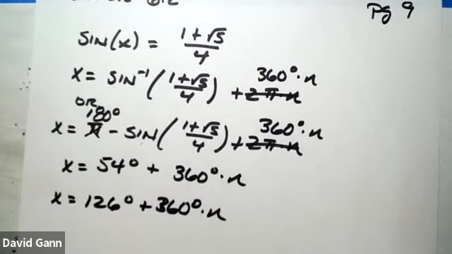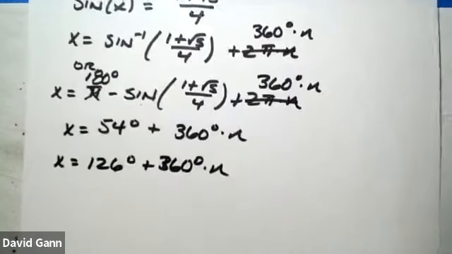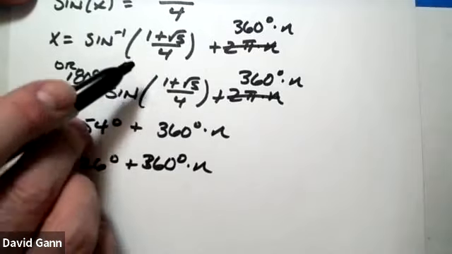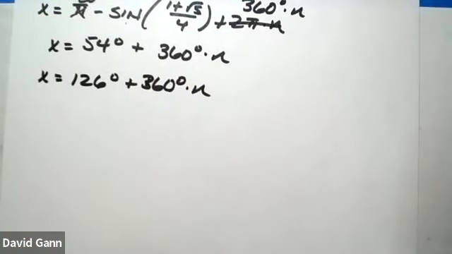I think we're going to get something else that's awfully cool on the other branch as well. But notice that the only difference is really this plus or minus. So I can basically use all the work that I've got there and just repeat it.